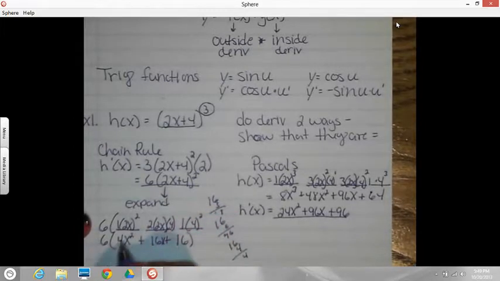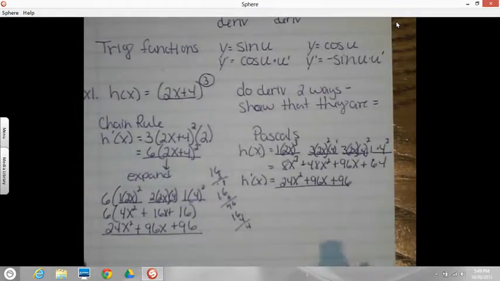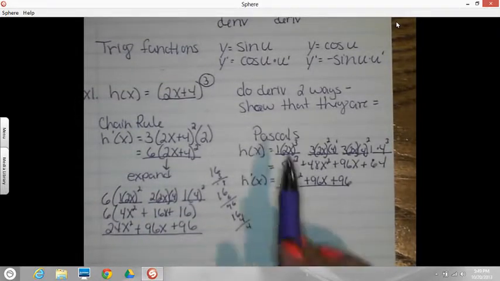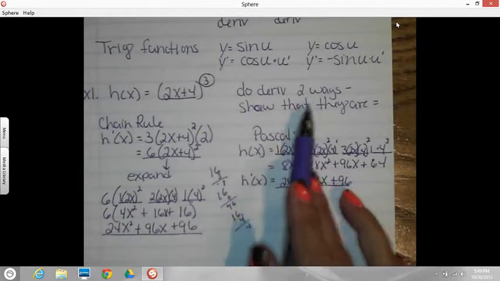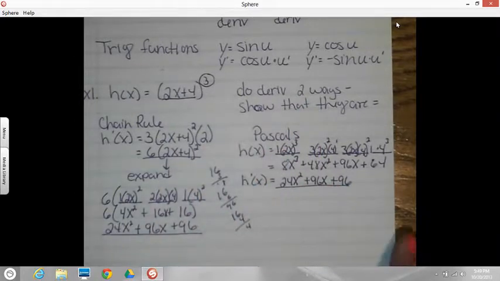Now distribute the 6. 24x squared. 16 times 6 is 96x plus 96. Now they are the same. So I think you can probably count on one of those on the quiz. Given something, it'll tell you to do it with chain rule and with expansion first. Okay.